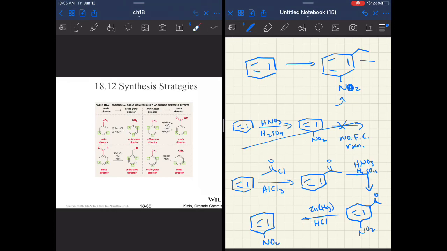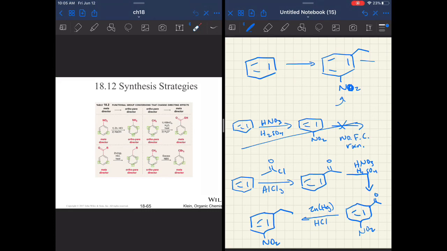I just want to show you how you can manipulate an R group into being a meta director. So this can be really useful for getting two seeming ortho-para directors meta to one another. You can always start off with the Friedel-Crafts acylation and reduce it with the Clemmensen reduction. So don't forget about that.